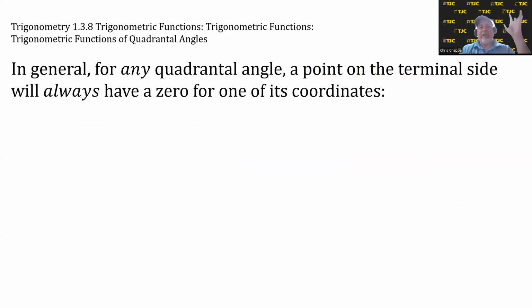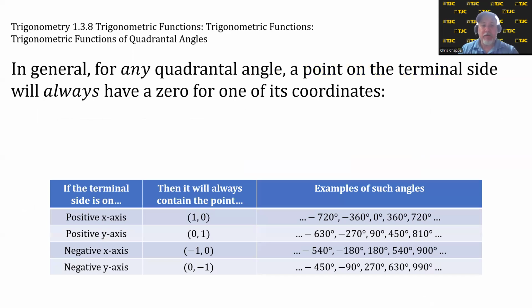In general, for any quadrantal angle, a point on the terminal side will always have 0 for one of its coordinates. For example, if the terminal side is on the positive x-axis, then it will always contain the point 1, 0. If the terminal side is on the positive y-axis, then it will contain the point 0, 1.